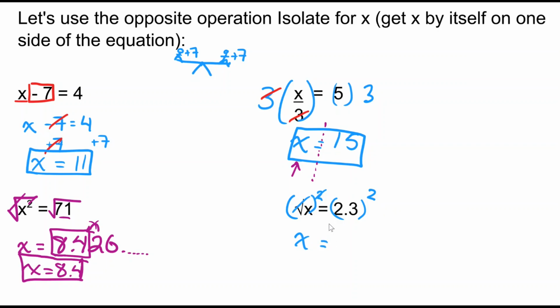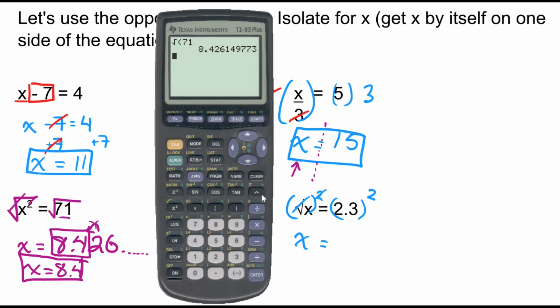And if I do the same thing on my calculator, clear, and I'll go 2.3, and I'll raise it to the power 2. Here's a square button. 5.29.